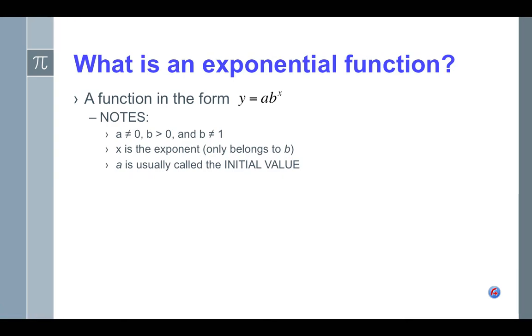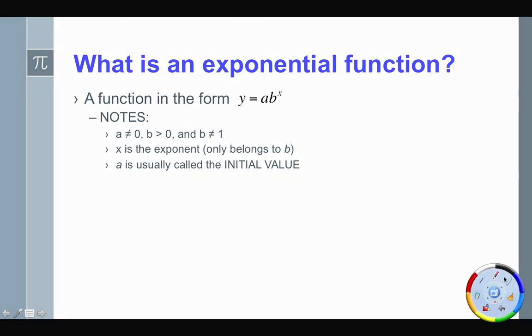When we talk about an exponential function, we say a is called the initial value. It's what happens essentially at the beginning when we deal with more real-world problems. You can make a note of this, this is our Y-intercept. So it's also called the Y-intercept.